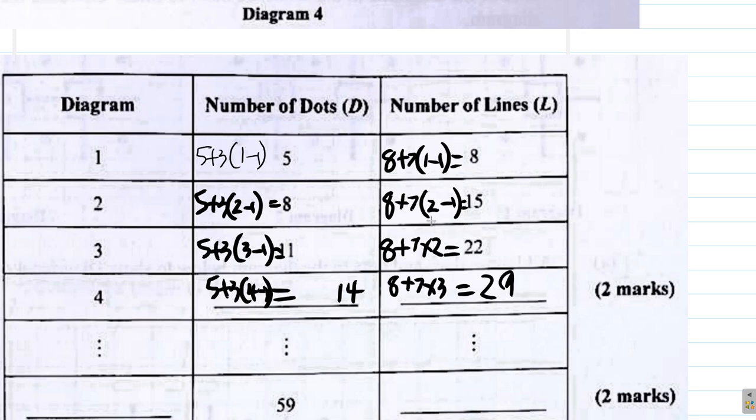Alright? 8 plus 7 times diagram number 3 minus 1. So it's 8 plus 7 times 3 minus 1. Right?